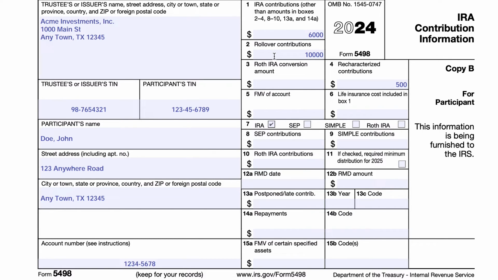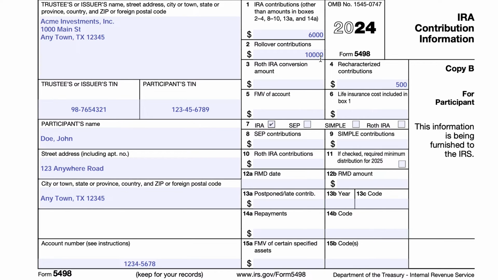In box 2, we're going to see rollover contributions. This would be any rollover to include a direct rollover to a traditional or a Roth IRA. It could be a qualified rollover contribution, like a military death gratuity or SGLI payment under the HEART Act for military beneficiaries. That would also be included in box 2.